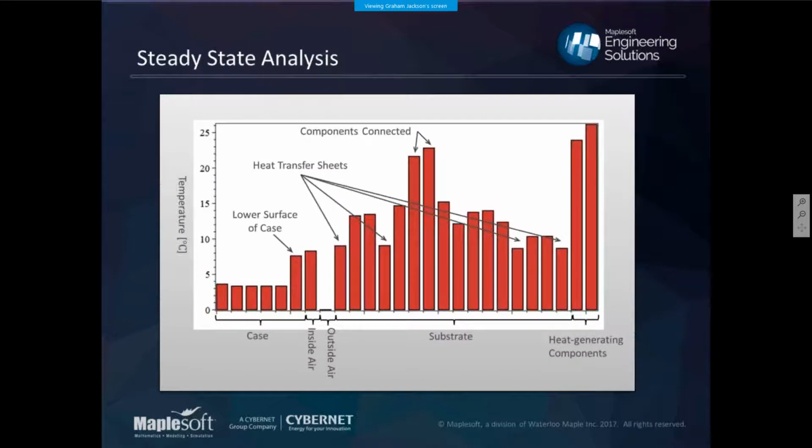We move over to the steady state analysis just to see how hot this case is going to be when we're holding it, something like that. We can see that only the lower surface of the case is actually experiencing a large temperature rise due to that heat transmission. And the case is those 6 bars on the left of what we're seeing here in this chart.